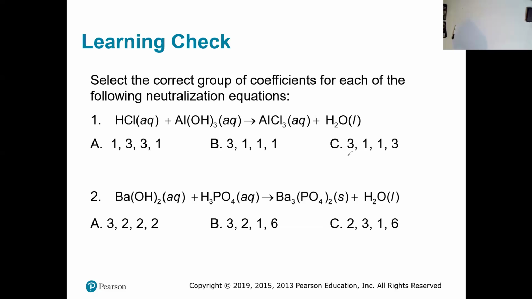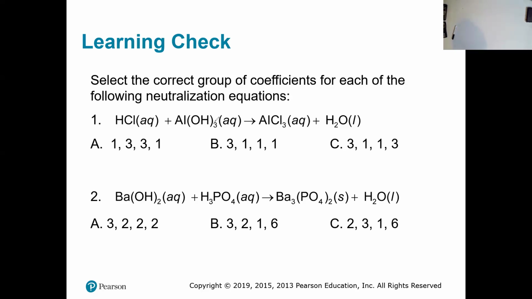So they're asking us in the next example to look at two reactions and pick out the correct set of coefficients that will balance them. And again, the way that we can do this is kind of look at those steps that they gave us and figure out like, all right, we know the things that have to match now.